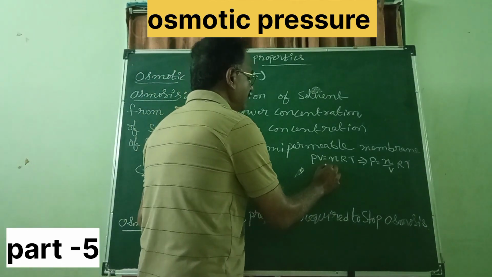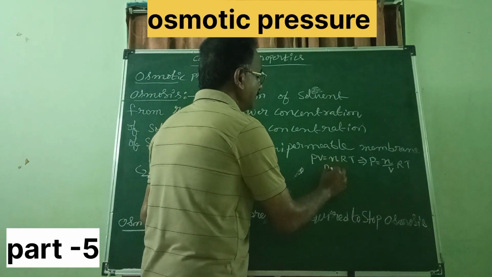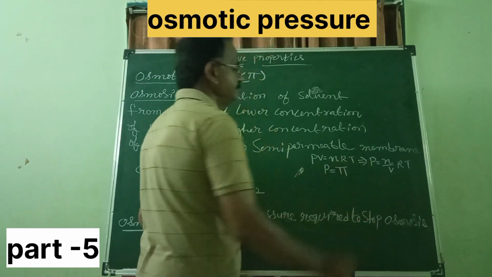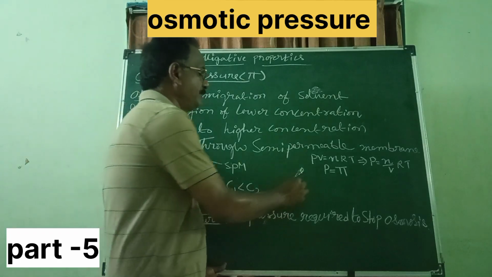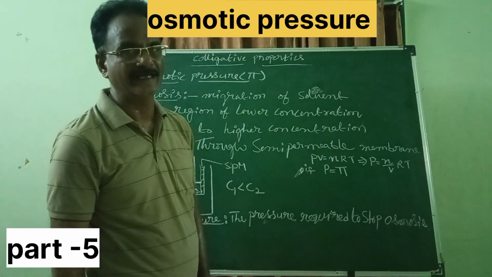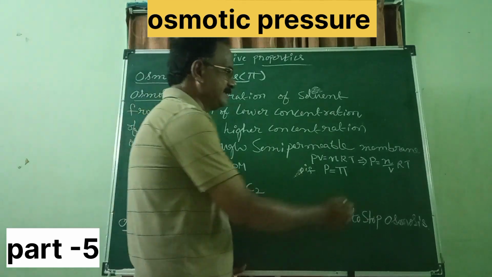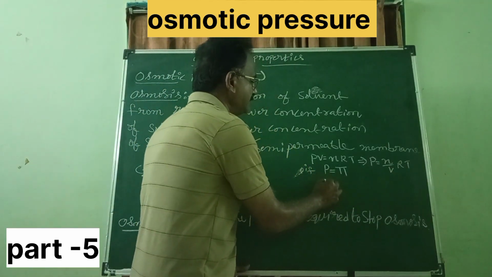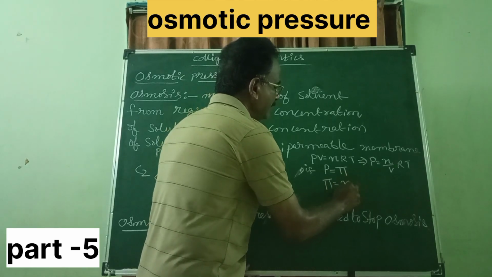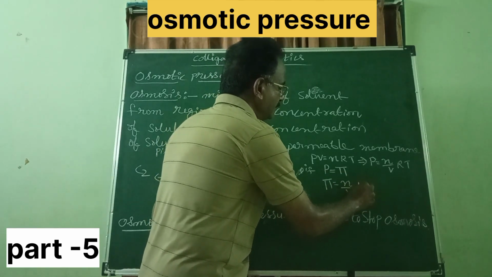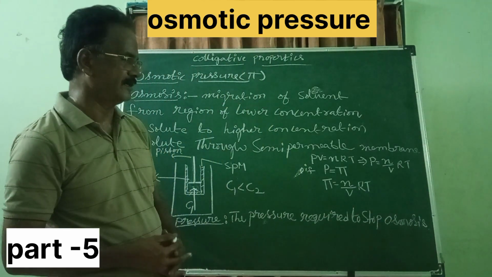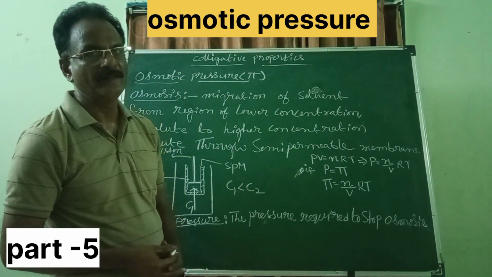If we consider the pressure here is equal to osmotic pressure pi, if P is equal to pi, then the equation would be pi is equal to n by V RT.